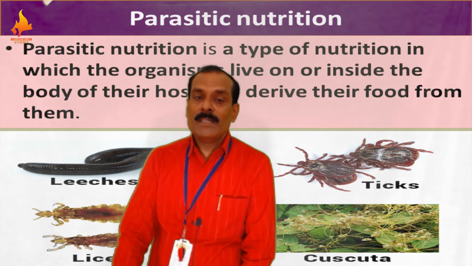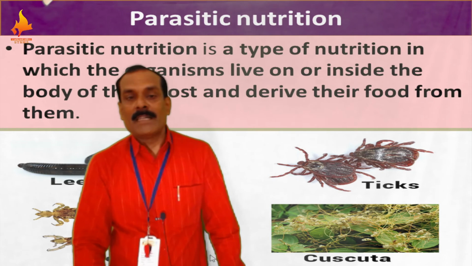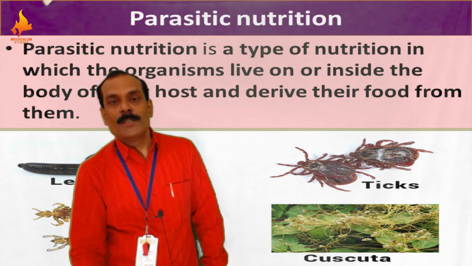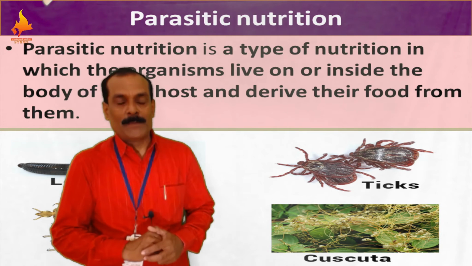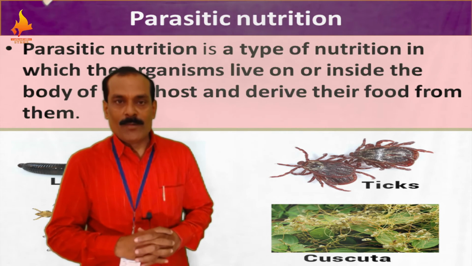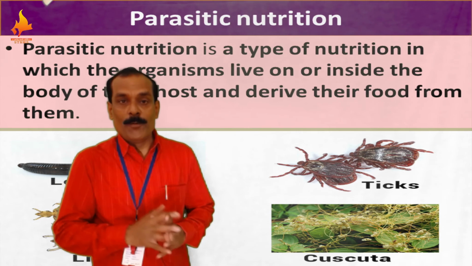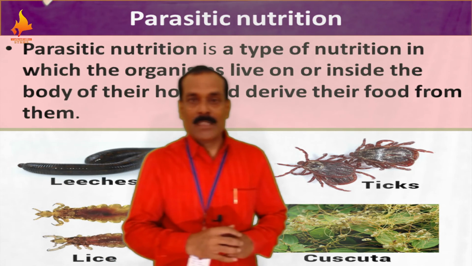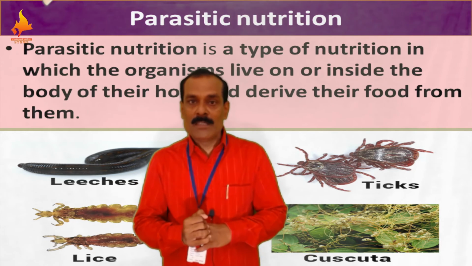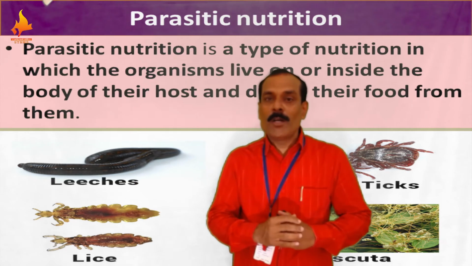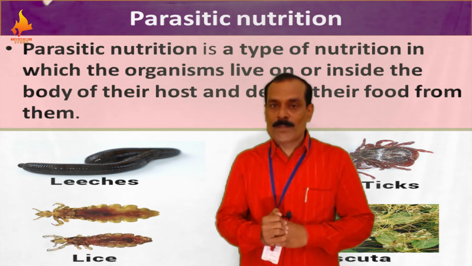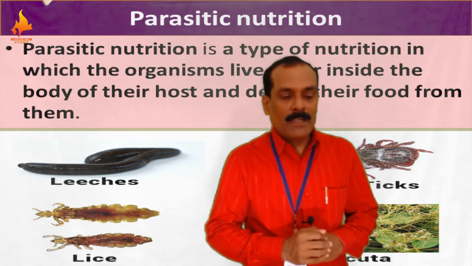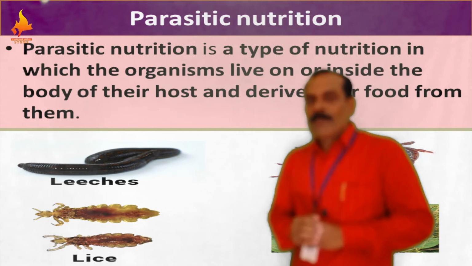Next is the parasitic nutrition. Now you know this parasitic mode of nutrition. Generally it is very easy to understand, but there is one clue. The parasitic nutrition is the type of nutrition in which the organisms live on or inside the body of their host and derive their nutrition, their food, from them.